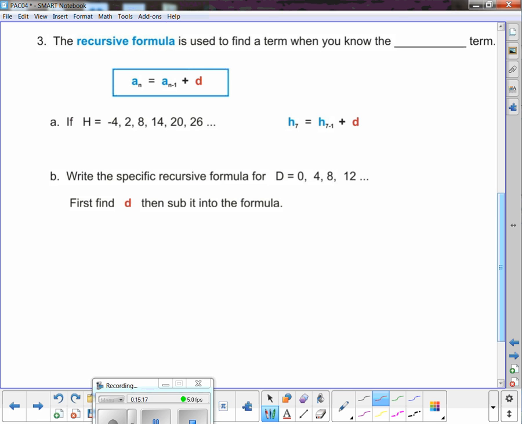Well, put a re in front, and it's recursive. The recursive formula. There are actually two different kinds of formulas. If you turn the page of your notes, you're going to see that we'll talk about later on the explicit formula. So there's a recursive formula and there's an explicit formula, and we've got to keep them straight.